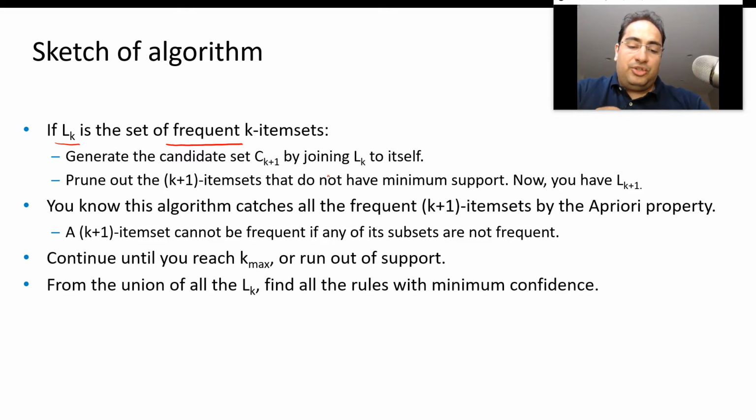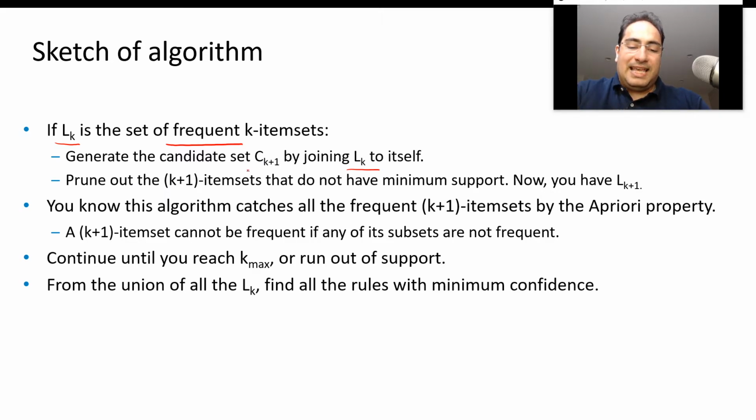Then we join that item set to itself. Because of the a priori property, if milk and bread are bought well enough, there is probably a chance that milk and bread are bought together as well.